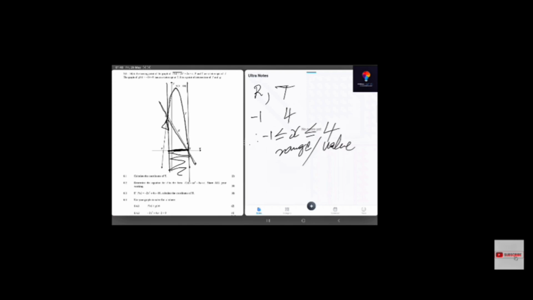Therefore, if you take any value that is between, including minus 1 and including 4, you will satisfy this statement.